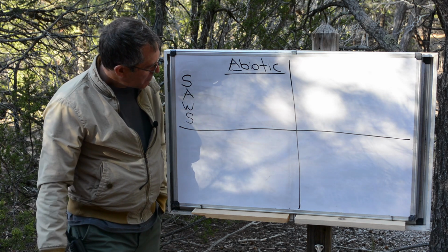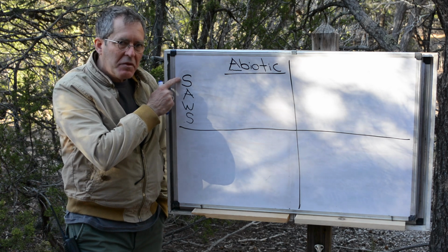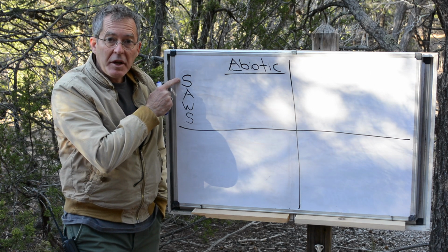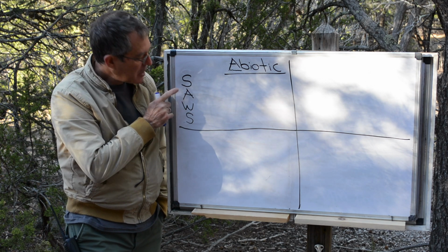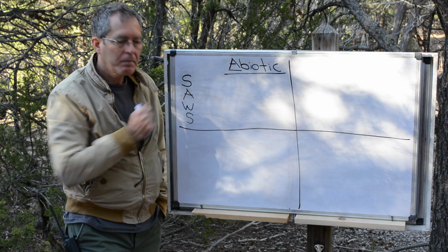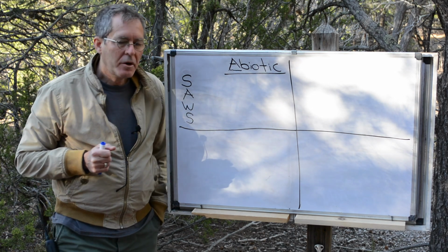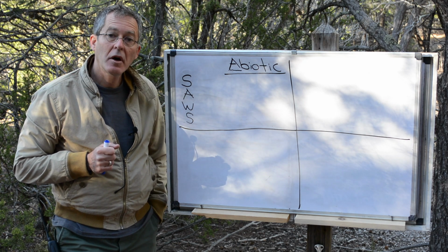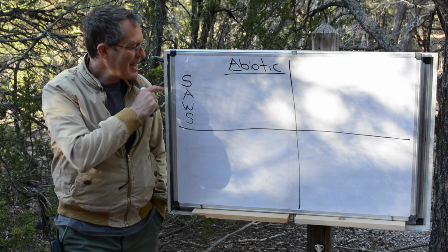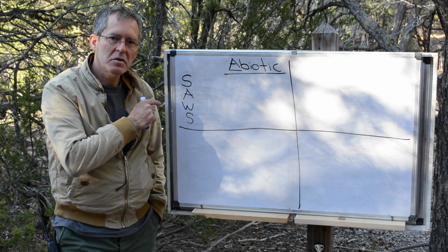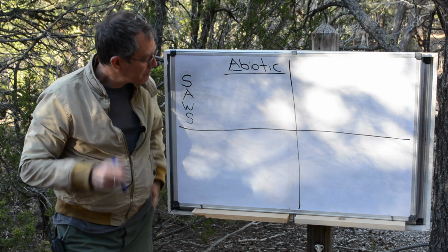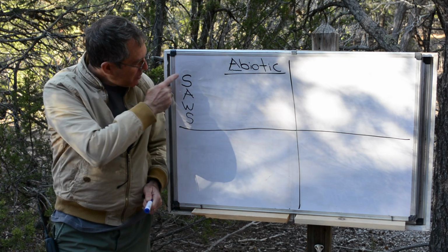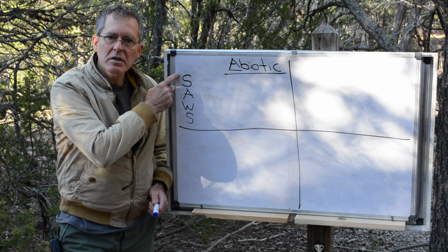Now, we have to think of things that are abiotic, not alive, not dead, that start with an S, an A, or a W. One of them we had on our T-chart before. One of the other things on our T-chart could fit in one of these groups. It's part of it. So, let's just go down the row, starting with an S.